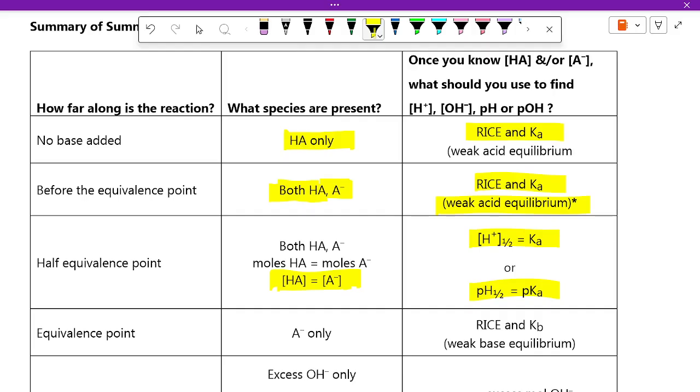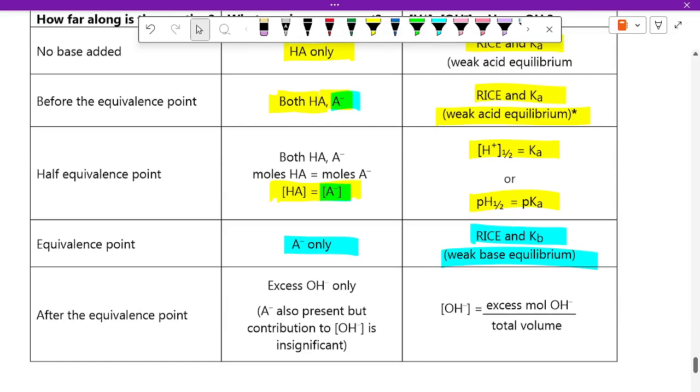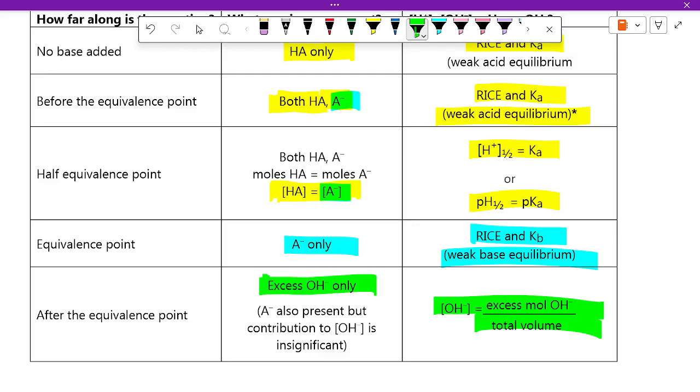At the equivalence point, all you've got is A minus only, because you reacted all the weak acid and it all turned into A minus. So you will use RICE and Kb. After the equivalence point, we have excess OH only from the NaOH. And just take your OH and divide by the total volume, and that will give you the concentration.